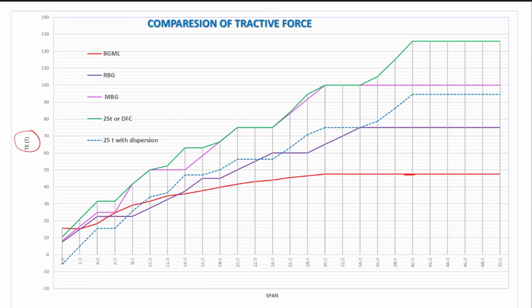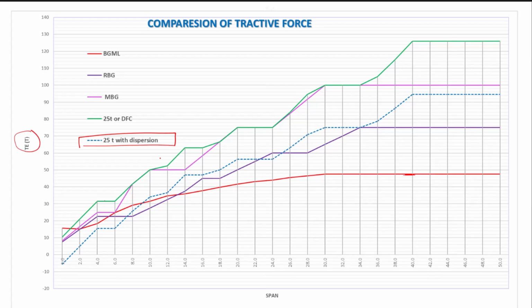It means our substructure is taking higher tractive efforts than from the BGML while we are running the 25 ton loading. But one important clause in the bridge rule is about the dispersion, 2.8.3. We will discuss more about that. That the 16 ton or 25%, whichever is more, dispersion is required for the existing bridges, which will be dispersed to the approaches.